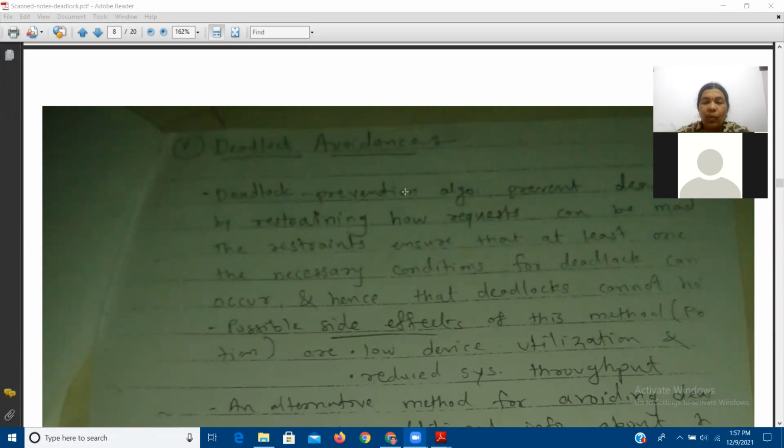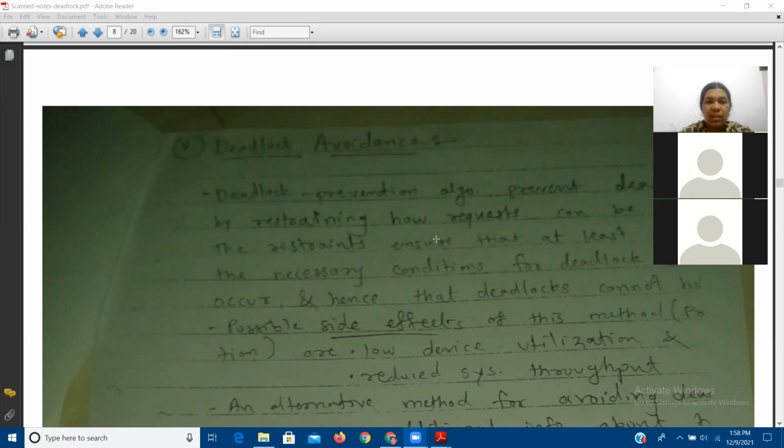Yesterday we discussed with the help of an example what is safe state and unsafe state, unsafe sequence and safe sequence. If the system follows a safe sequence, we can say the system will be in a safe state, and if the system is following an unsafe sequence, the system will definitely go into the deadlock state. We discussed that with an example yesterday.